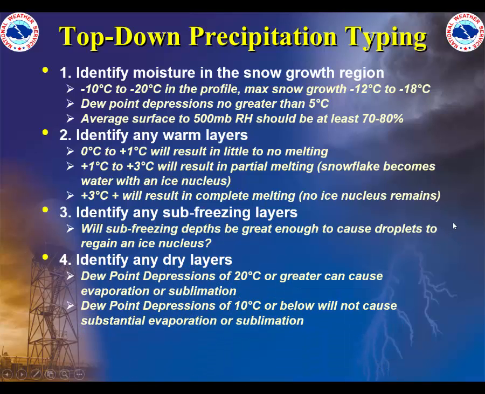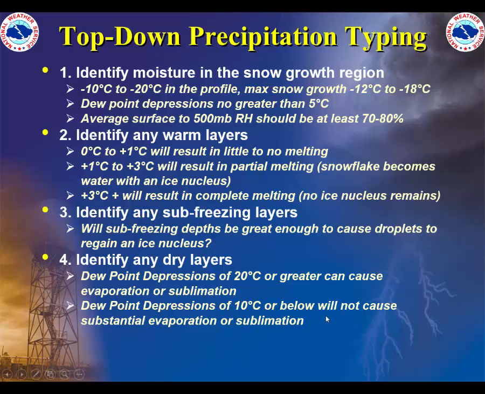And then look at any kind of dry layers, because as you know, with evaporational cooling, surface temperature and low-level temperatures may be above freezing, but if you have dew point depressions that are great enough, as that moisture falls down to that layer, it generally falls as virga, doesn't reach the surface, and that evaporational cooling will bring down those temperatures, so you have to watch that very closely. Generally, if you have dew point depressions greater than 20 Celsius, that can cause some significant evaporation or sublimation.